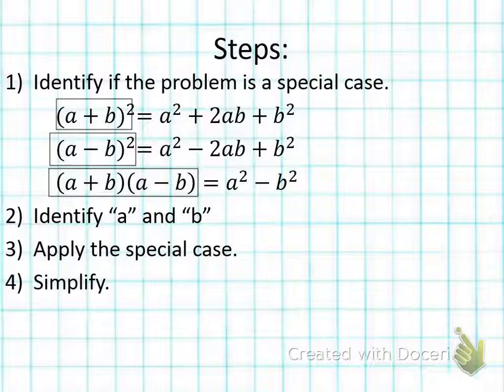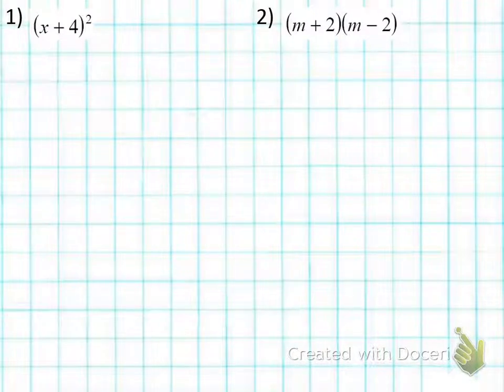If you're on the video, please pause the video to get the steps. Here we go, numbers 1 and 2. Number 1 says x plus 4 squared. This is two binomials being multiplied with each other. Normally, you would think x plus 4 times x plus 4.